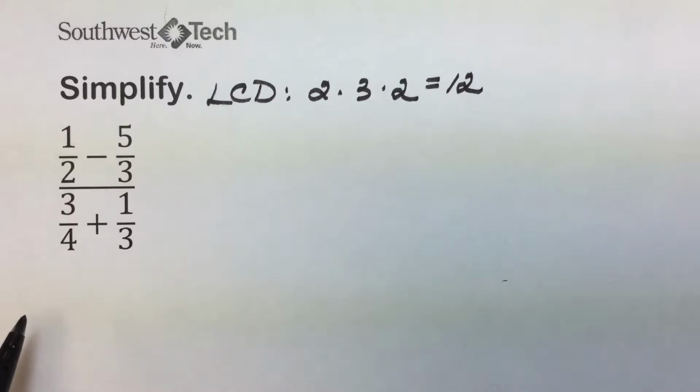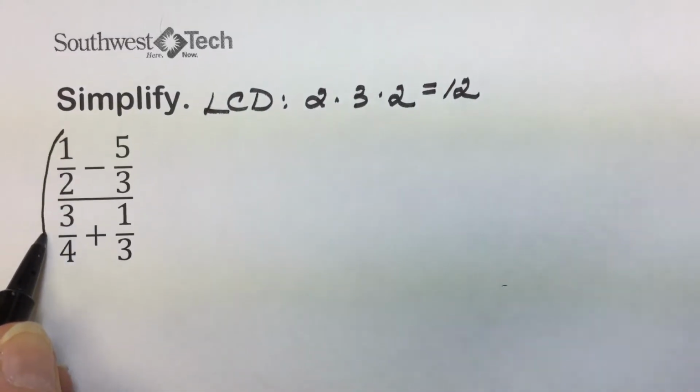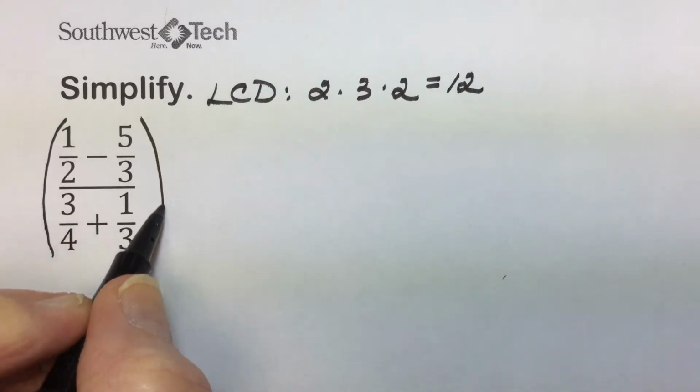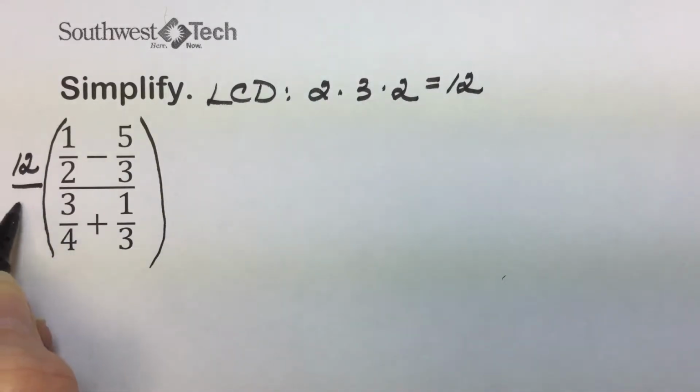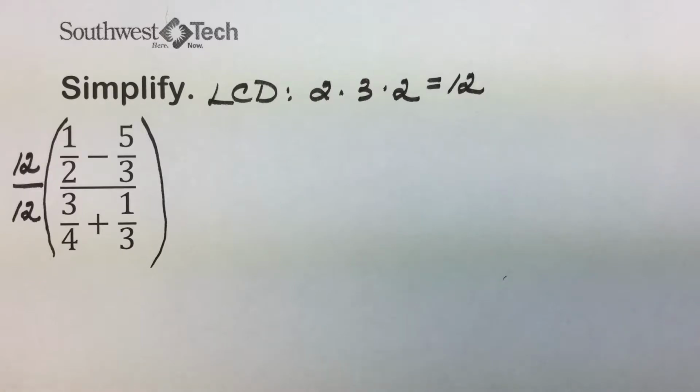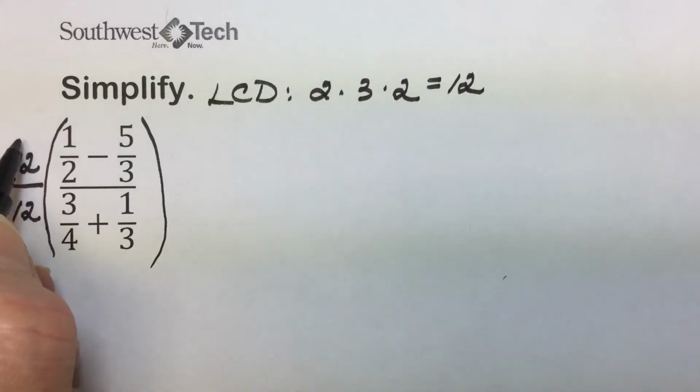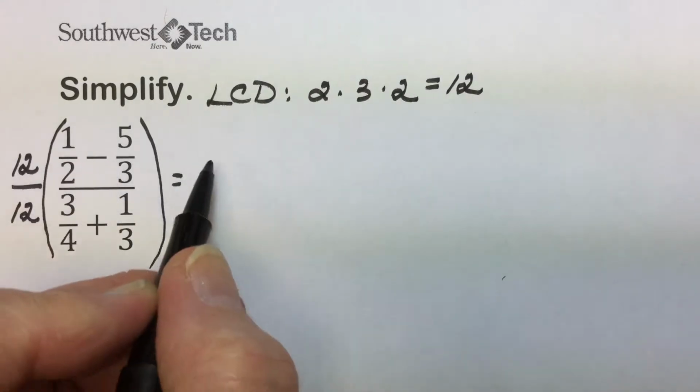Once we have the least common denominator of all denominators, we will now multiply the complex fraction by that quantity. And to maintain equality, we'll put a 12 over 12, which is equivalent to 1. Doing that, we will distribute 12 times each one of the terms in the numerator.